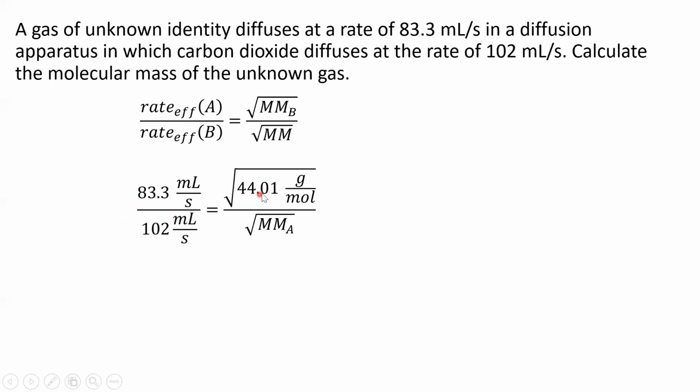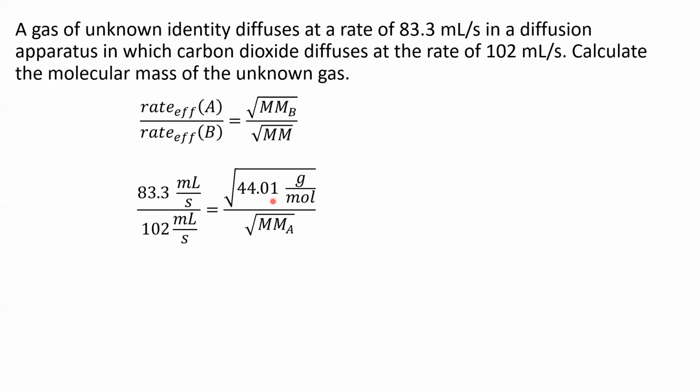It'll be equal to the square root of the inverse molar masses. The 44.01 grams per mole, it's not in the question. And you're like, where did that number come from? It's the carbon dioxide. So we look up CO2 on the periodic table, and that's where that 44.01 comes from.